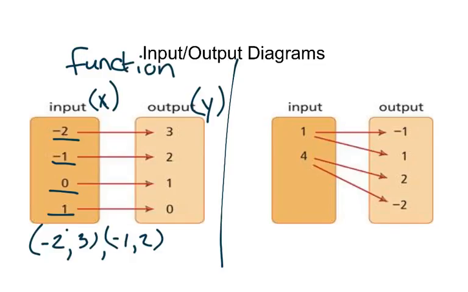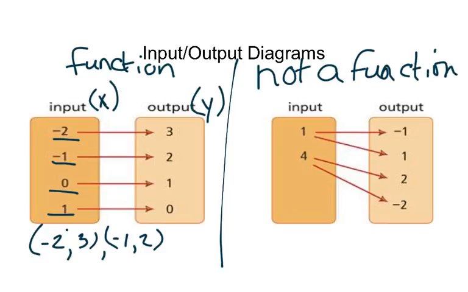All right. Now let's look at the other diagram and see how it's different, because this is not a function. Here's how it's different. If I set these up in ordered pairs, I would have (1, -1) and (1, +1). See how it's got 2 arrows away from it?